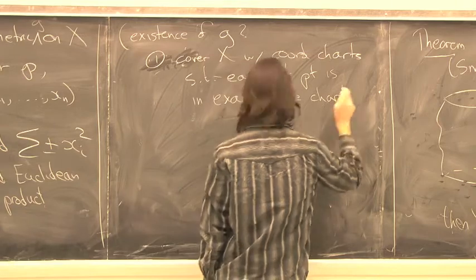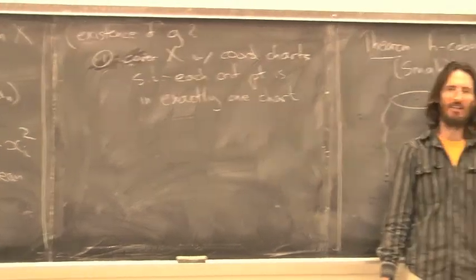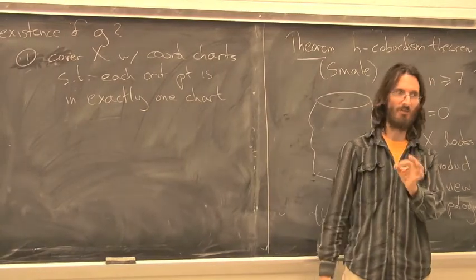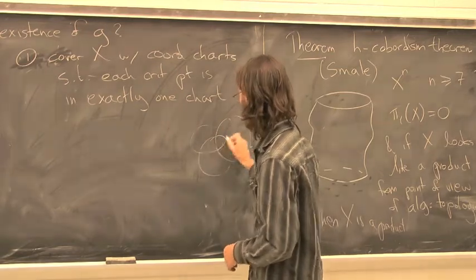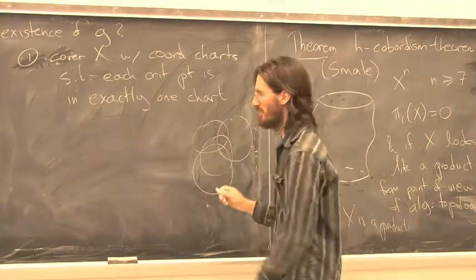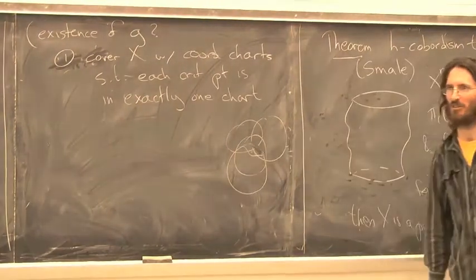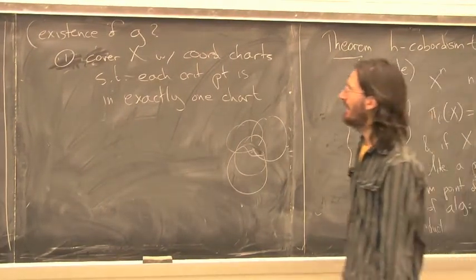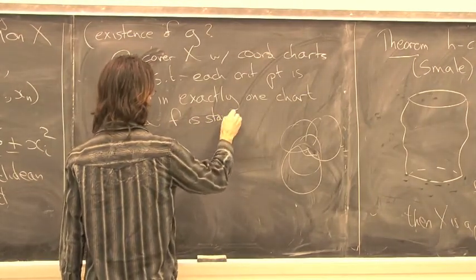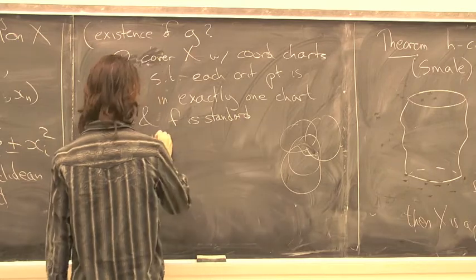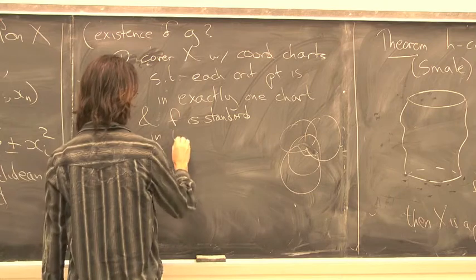You can never arrange that each point in the whole manifold is in exactly one chart, but if you have a favorite point, you can arrange that there's only one chart that works for that point. If there are other charts that contain that point, you just change them. You want that point to be in only one chart, and f is standard in that chart, so it's a nice Morse local model.